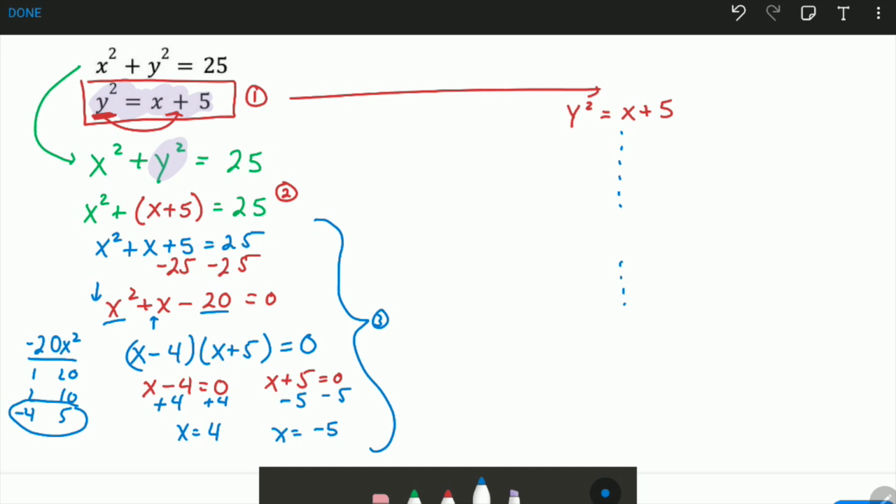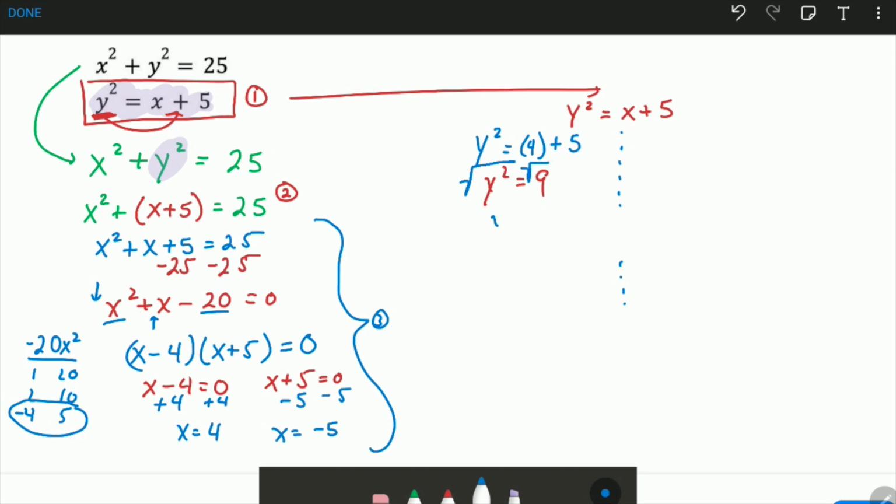I'm going to start off by plugging the 4 in. So we're going to have y squared equals 4 plus 5. 4 plus 5 is 9. This time I have to make sure, because y was not by itself, to carry it down. And then to finish getting y by itself, we're going to square root both sides here.